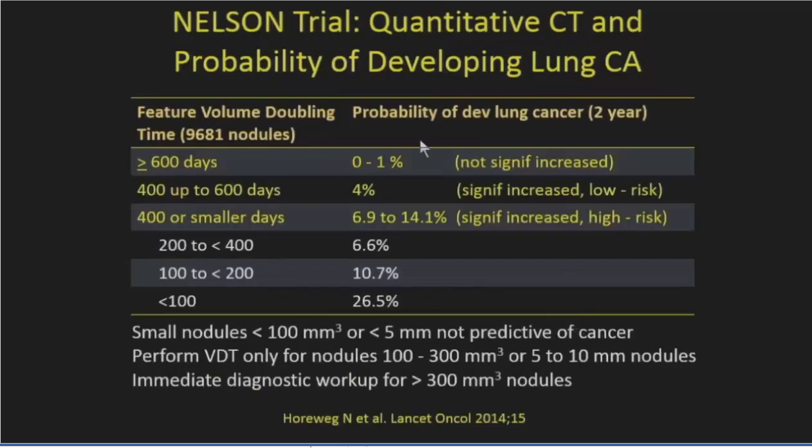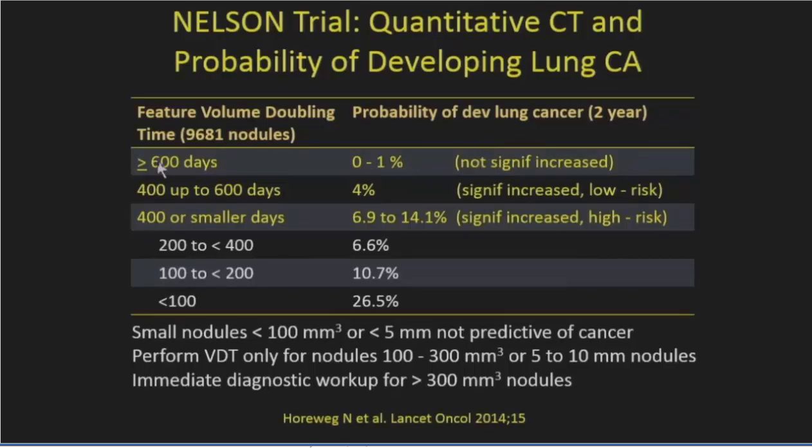So in terms of doubling times, I think we're going to be hearing a large amount of this more with screening. And this is the Nelson trial data, which they recently published in Lancet Oncology, and showed that you can differentiate patients who have different probabilities of developing cancer.